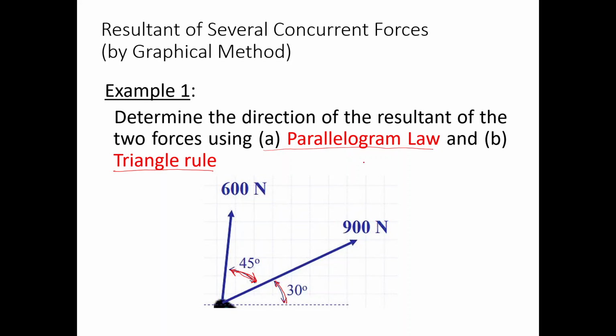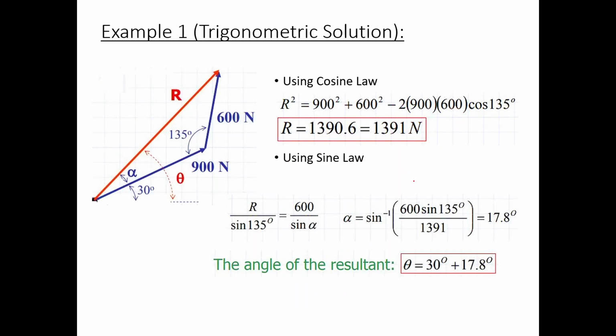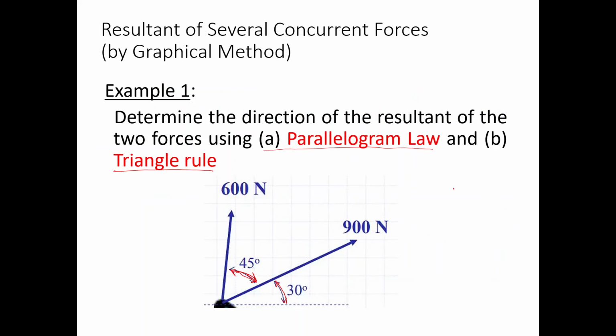So if you want to draw using the parallelogram law, of course we're going to create this one. Again, I think you need your calculator here.